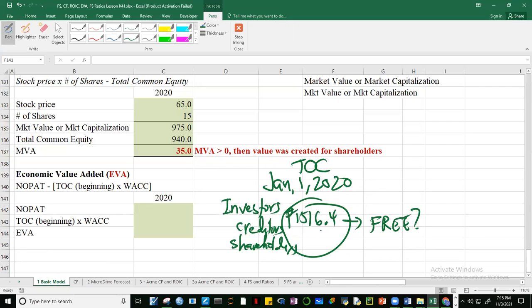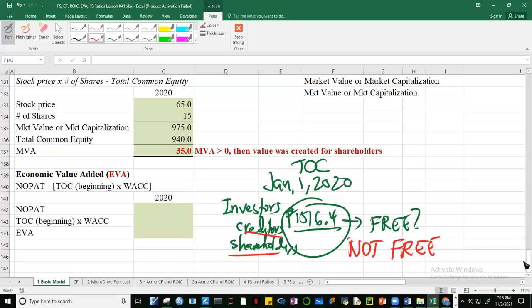Is their investment in the company, whether creditors or shareholders, is this amount, the total operating capital, free? The answer is no. This is not free. Bakit hindi free yan? Because creditors and shareholders expect something in return for this.